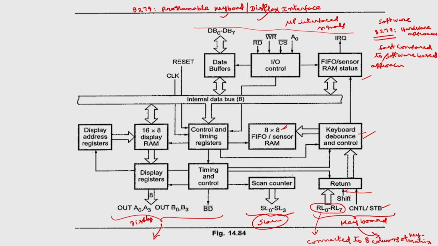And the scan, we have 4 lines of this scan, SL3 to SL0. If I connect these 4 scan lines to a 4 to 16 decoder, these 16 outputs can be used to connect to either the keyboard, where they are connected to the columns, or you can connect them to the rows of the keyboard.